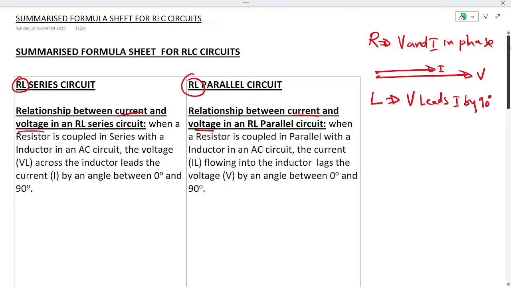The current is our point of reference, and it's going to be drawn horizontally like that. Sorry, let me create some space. That's our current. And then the voltage is going to be pointing upward like that, and that will be your voltage.